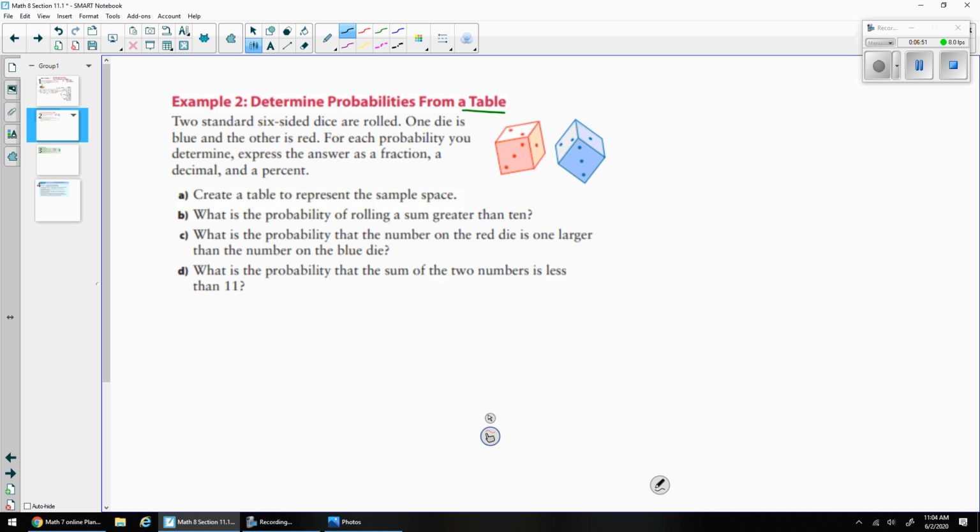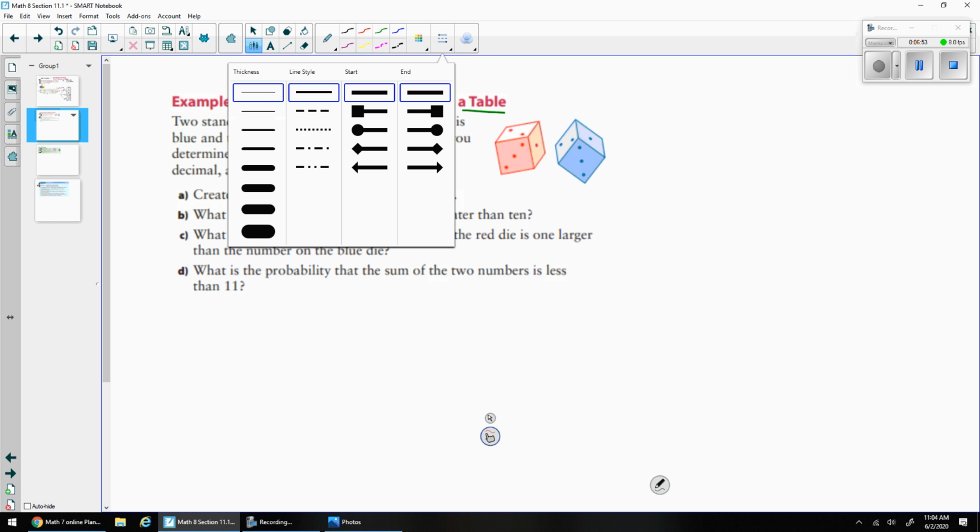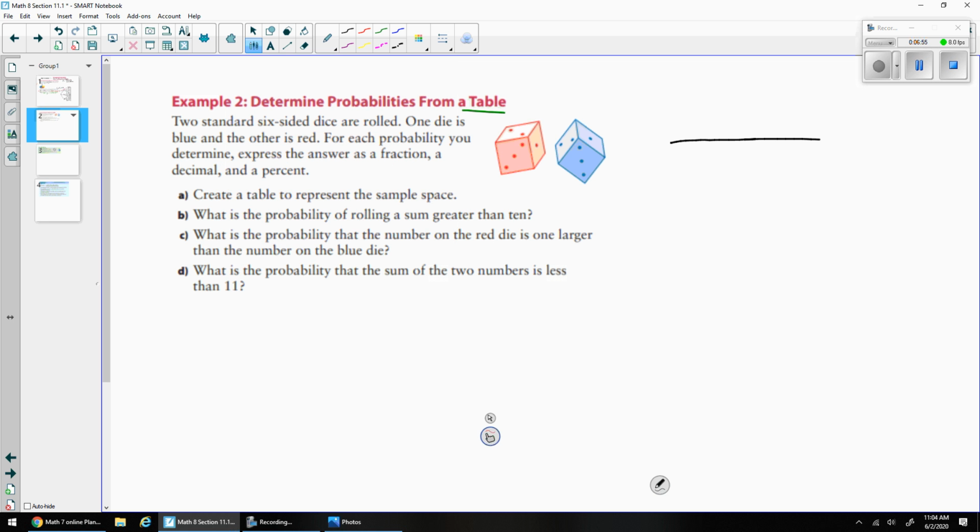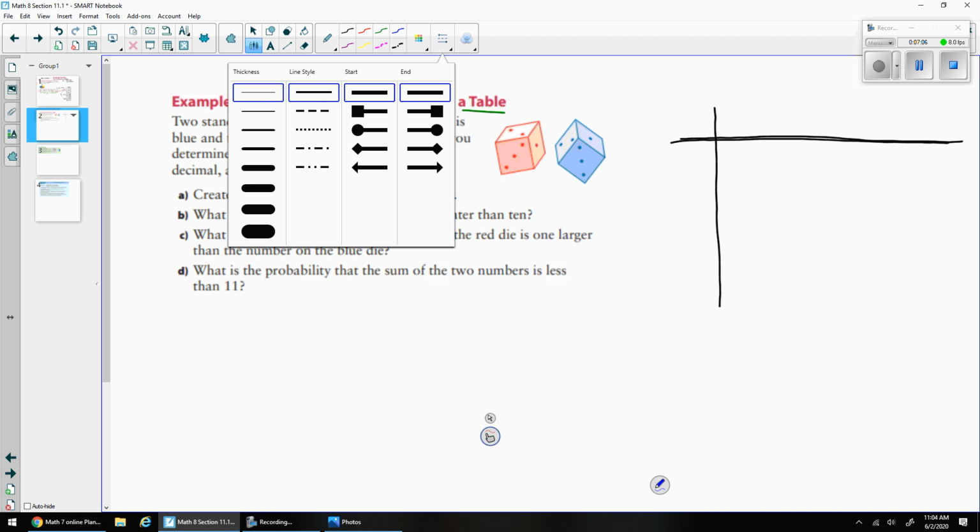Okay, so when you're making a table, along the top you're going to have the one event. So we call this the blue die, and the total possible outcomes from that one event.